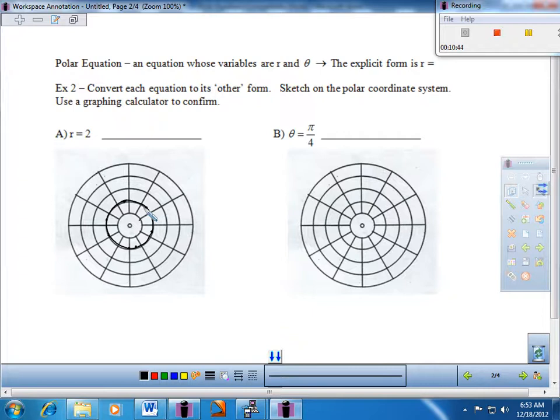For right now, let's go ahead and see if we can convert this. I'm going to try to find some room right here. I don't have any room on this particular board, but I'll figure it out. And here's what I'm thinking. We want to convert this to x's and y's.